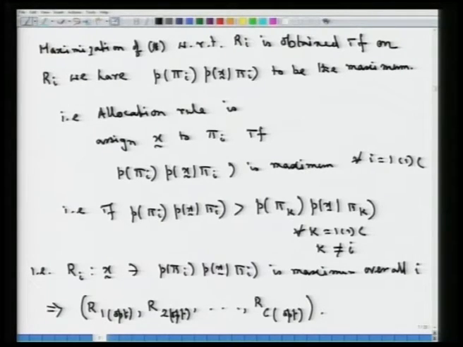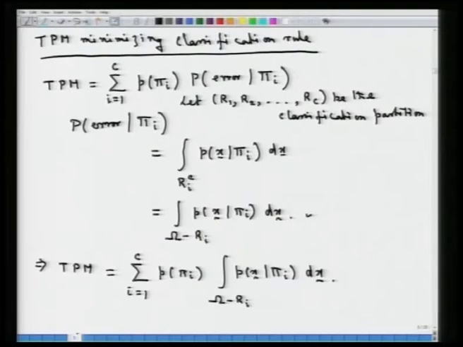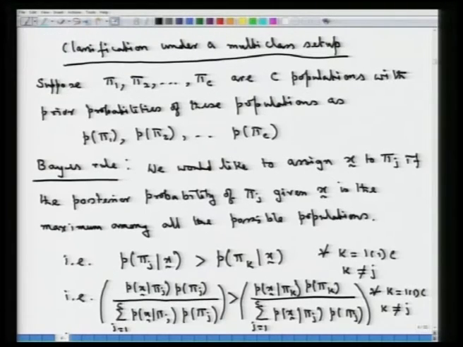Now, what we observe is the following: we have obtained this classification rule under the paradigm of the total probability of misclassification, and we had earlier looked at the rule based on the Bayes rule, which was also essentially the same. For a Bayes rule, we had the condition that this posterior probability is greater than that posterior probability.